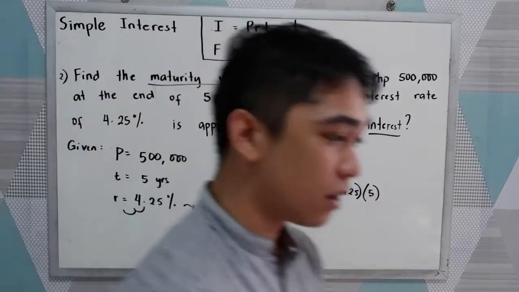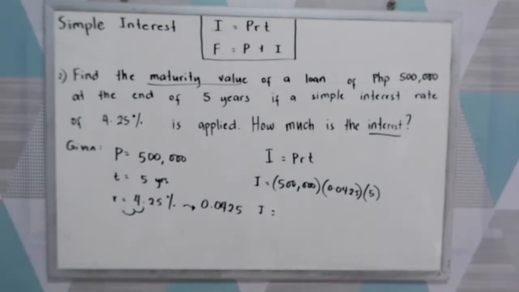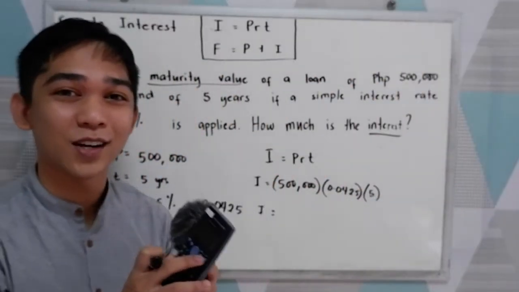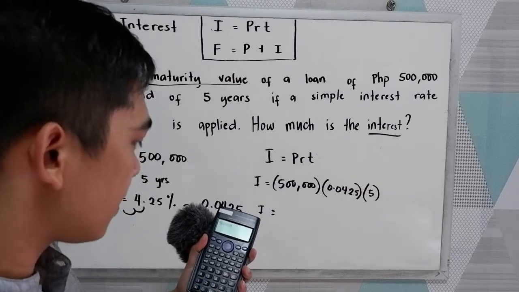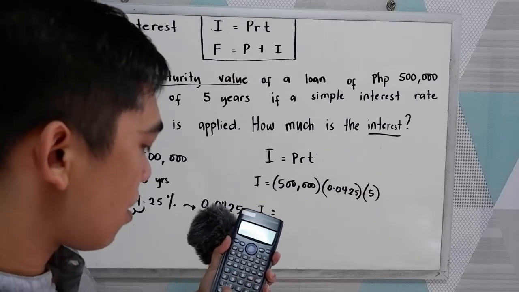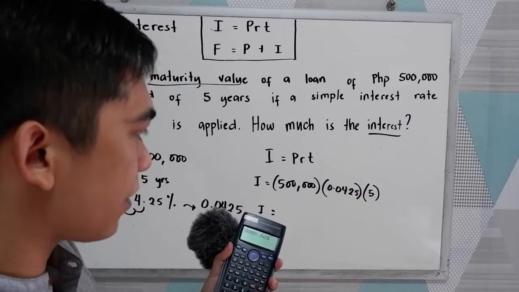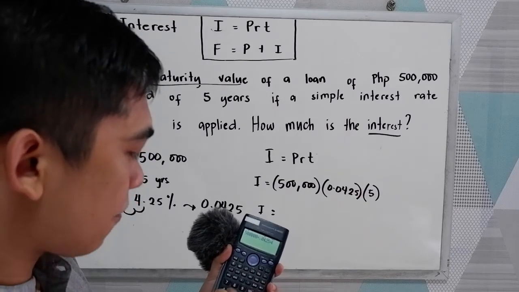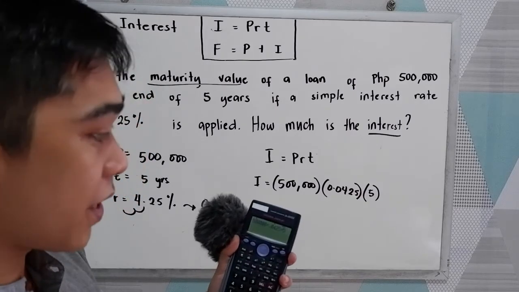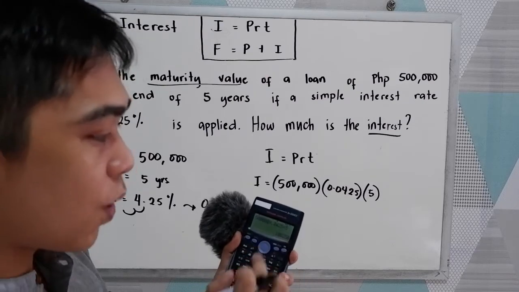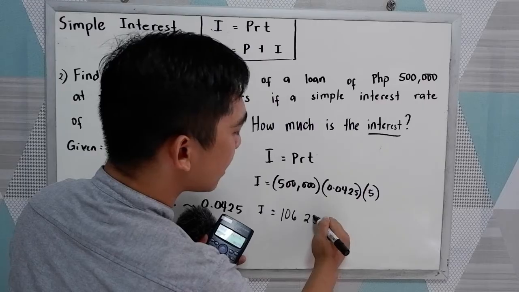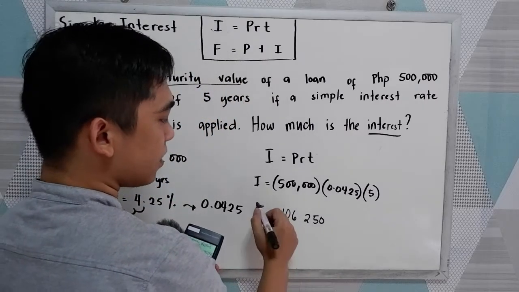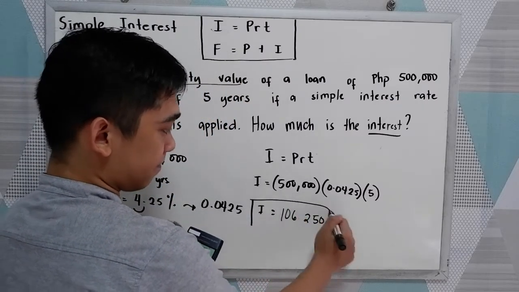Now to find the answer for interest, of course you need to use your calculator. So 500,000 times 0.0425 times 5. This will be our interest: 106,250 pesos. So write PHP.